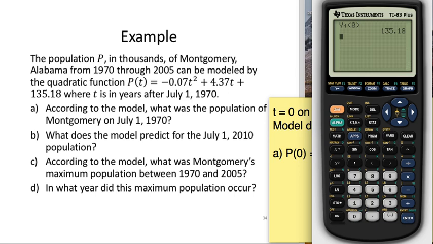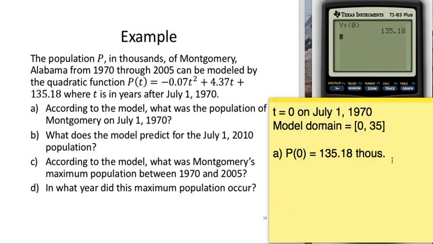Perfect. Part B, what does the model predict for the July 1st, 2010 population? 2010 is 40 years after, so the middle of the year 2010 would be exactly t equal 40, 40 years after July 1st, 1970. So we're calculating P of 40.